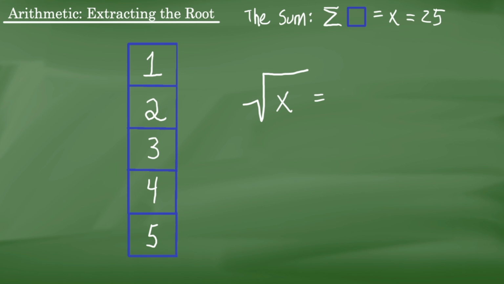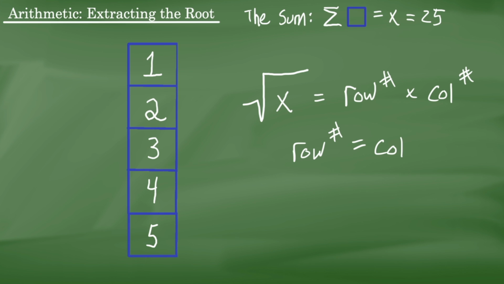The square root of x is the row number times the column number. And in squares, we assume that the row number should be equal to the column number.